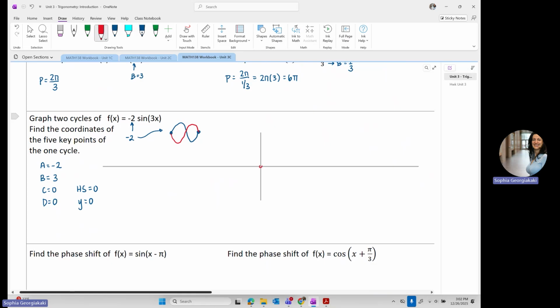I will start at 0, 0. I'm going to go 1 cycle, and 1 more cycle. They are asking me to graph 2 cycles. So the question is, what is the amplitude? The amplitude is equal to the absolute value of -2, which is 2. And that means that this graph will actually stretch.